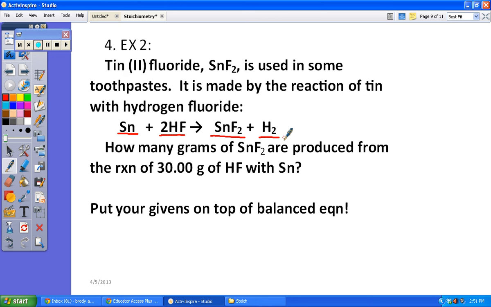So this is our known. Our unknown, or the one we're trying to solve for, is grams of SnF2. So put your givens on top of the balanced equation. We put 30 grams here, and we put question mark grams here, because that's what we're looking for.